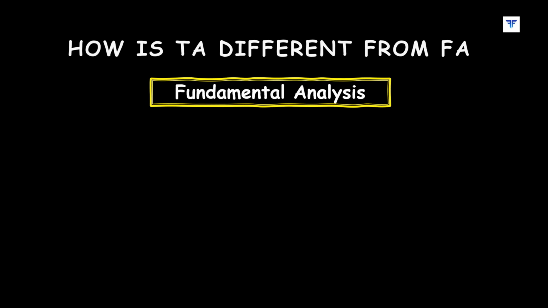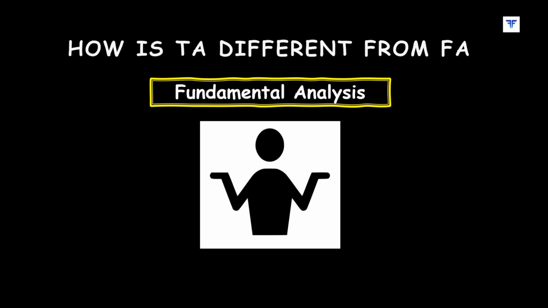Fundamental analysis, or FA, as it is commonly known, involves studying various macro and microeconomic factors to measure the intrinsic value of a security. This intrinsic value is then compared to the market price of the security to determine whether that security is undervalued, overvalued, or is fairly valued.